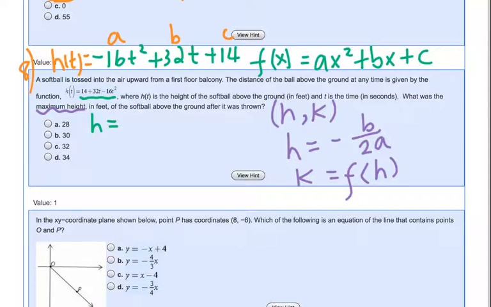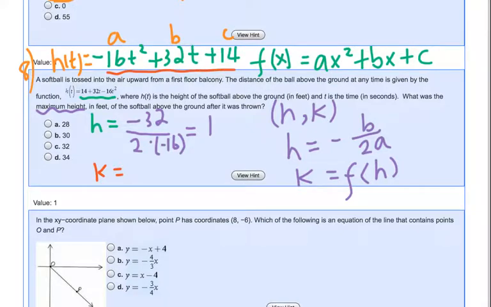So from the given quadratic function, you have to figure out the correct a, b, c. Therefore, for your vertex, it's negative b over 2a. So negative 32 over 2 times a, here a is negative 16. Then you will get 1. Then you plug in, k equals f of h. That means I plug 1 into this function.